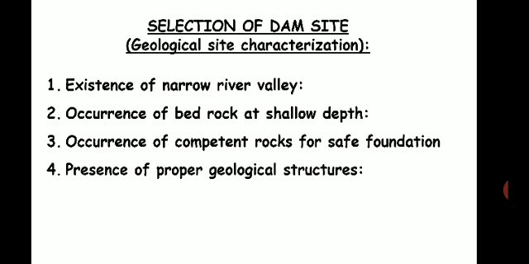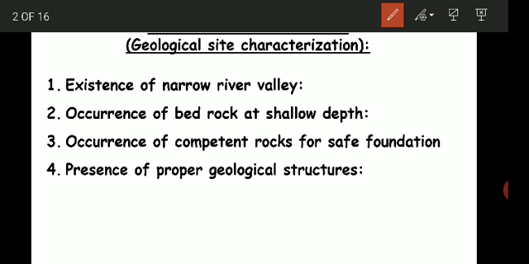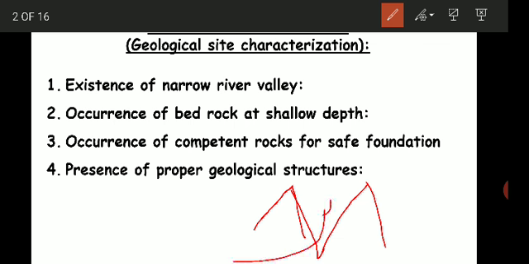If there is a narrow valley present, because we construct a dam where there is a valley. So here this is a hill and the river is flowing in this valley. Okay, so if the valley is narrow, how is it helpful?